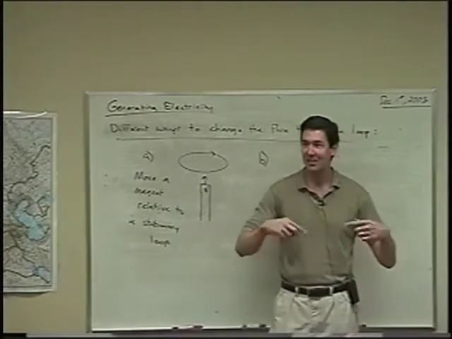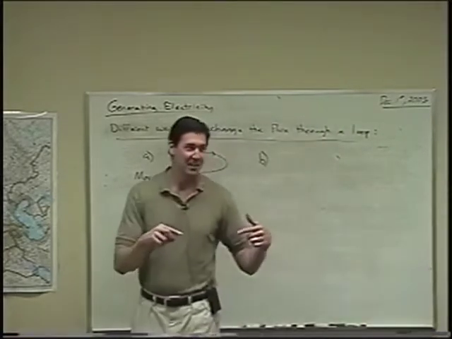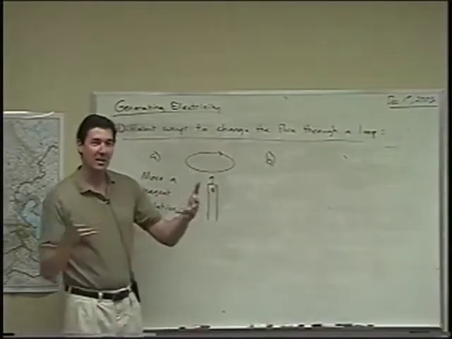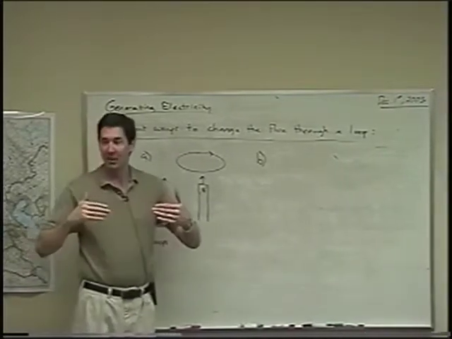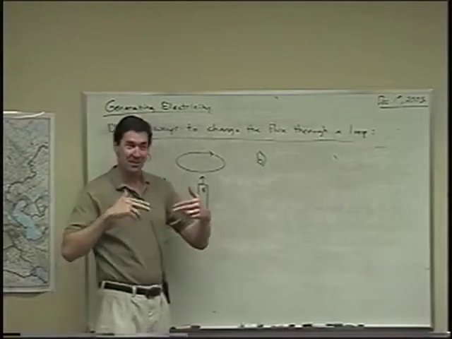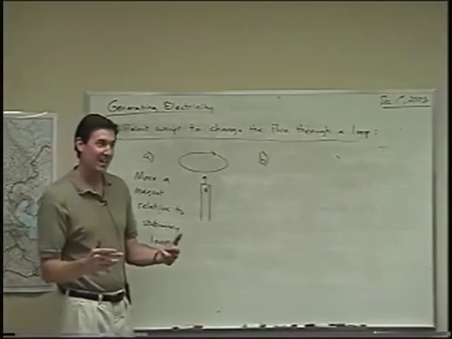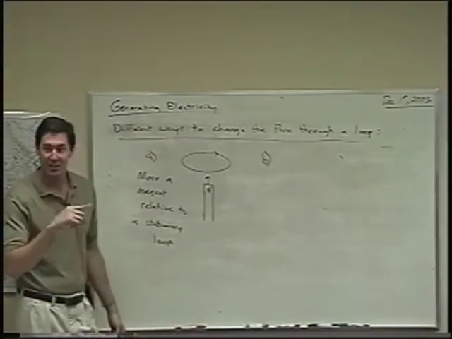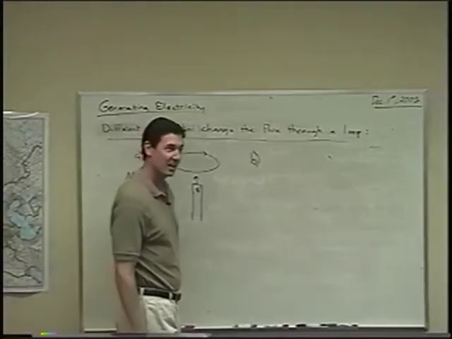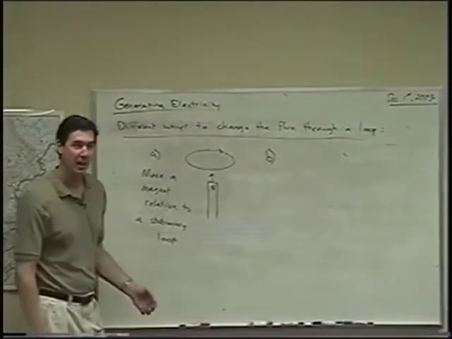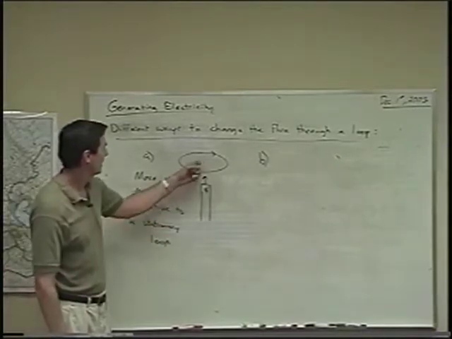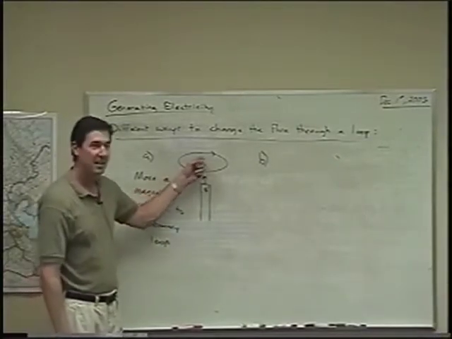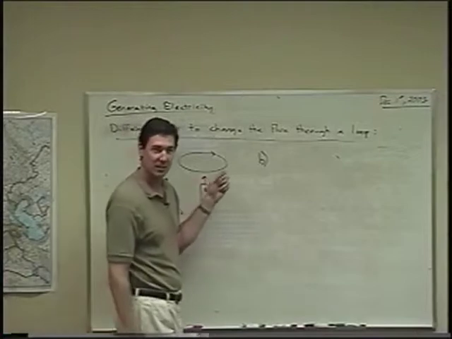So every quarter turn, either a maximum amount of magnetic flux is going through the loop, or none. It's constantly changing, and that's constantly going to generate a current opposing that change in the flux.